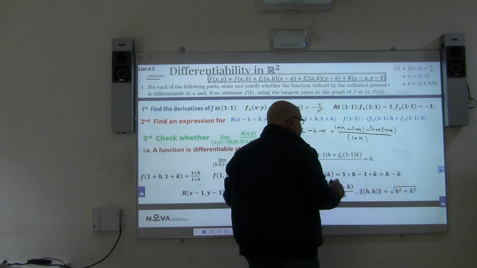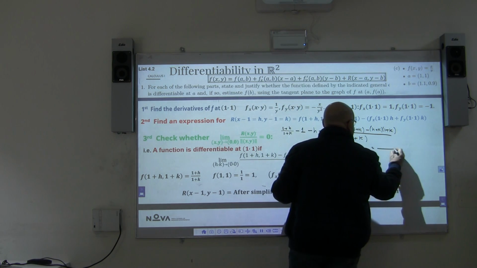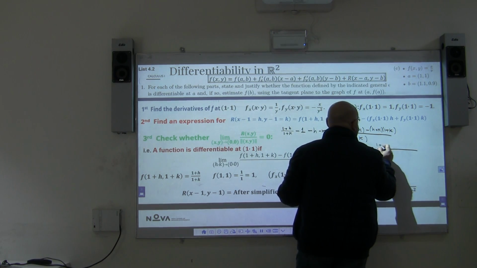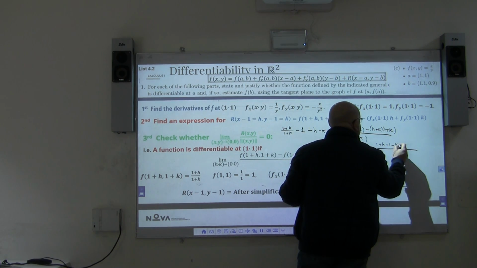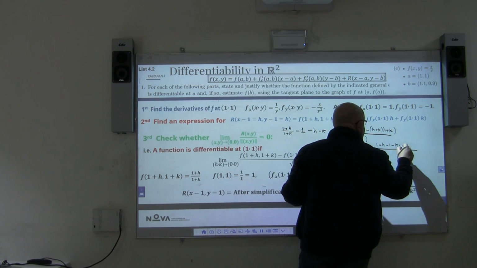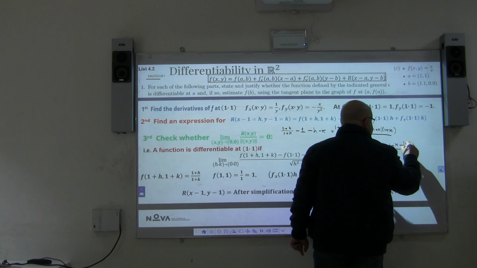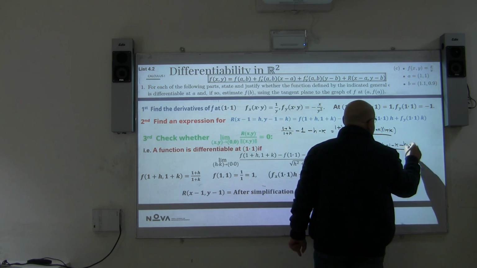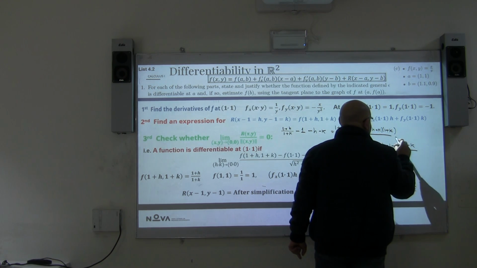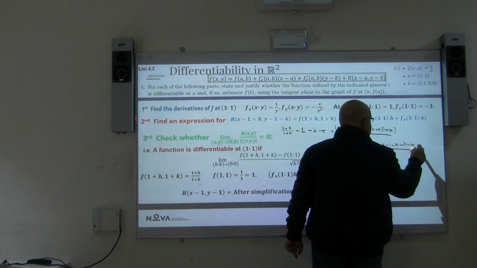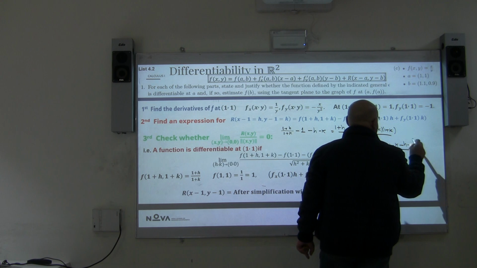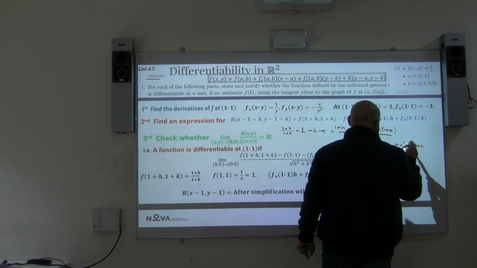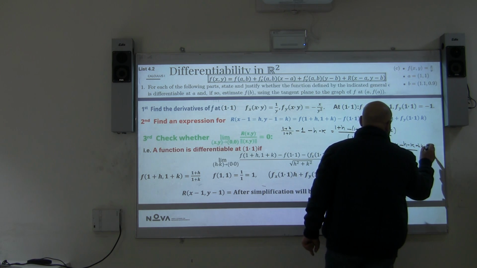Once you try to simplify these values, you will have 1 plus H minus 1 minus K, then minus H, 1 times H, which is H, then minus over K, then this is H, this is plus HK, then you will have negative K, then plus K squared.